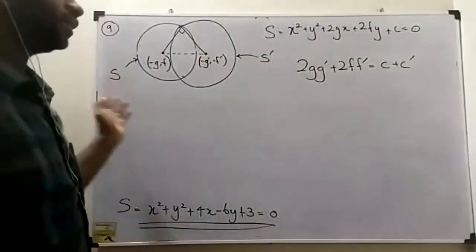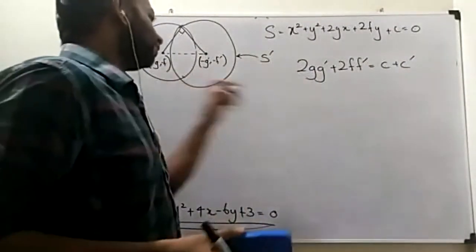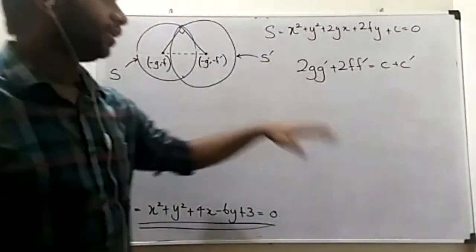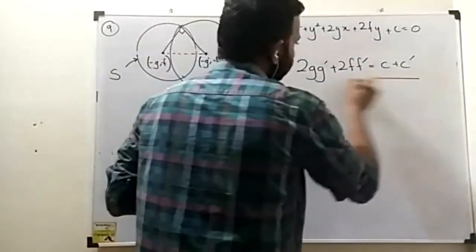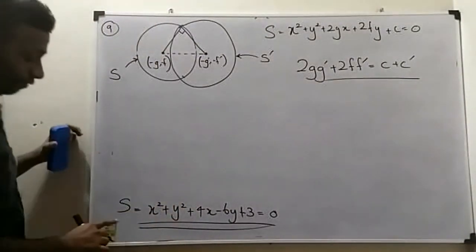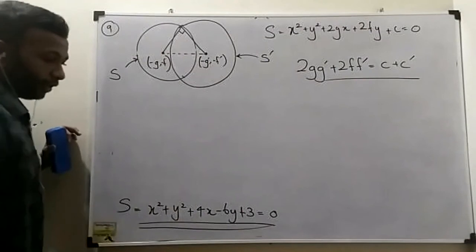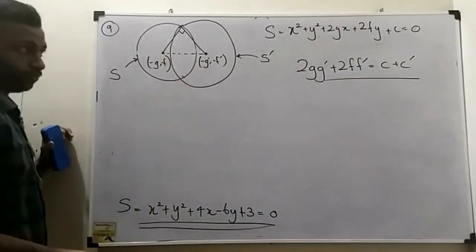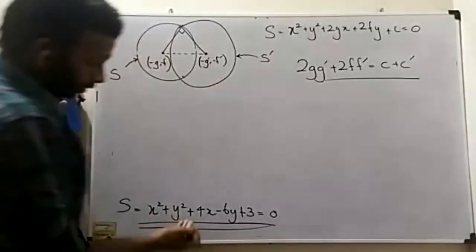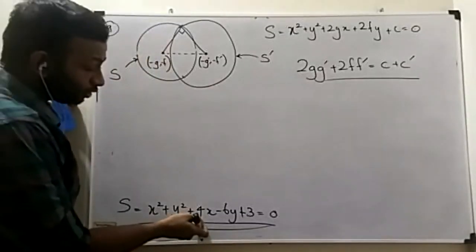So we have two circles. g is for the first circle, f is for the first circle, g dash and f dash are for the next circle. And similarly, we can use this equation to find the equation of the circle. So now for S, we know this is the format. What is f and what is g? So this is the format: 2gx, 2fy plus c. So 2g is equal to 4.